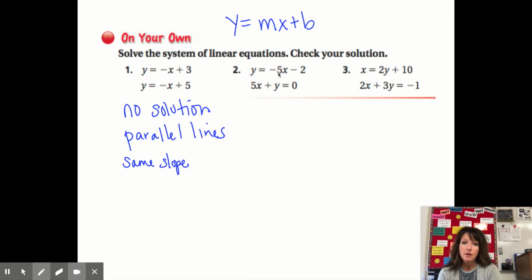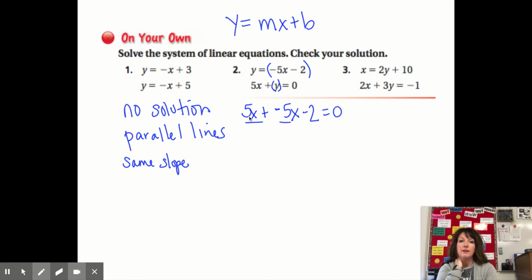Looking at number 2. At first thought, these are set up to go ahead and substitute in. So let's go ahead and do that, because we're not always going to put them in slope-intercept form to see what's going on. In the second equation, we have 5 times x plus this negative 5x minus 2 is equal to 0.